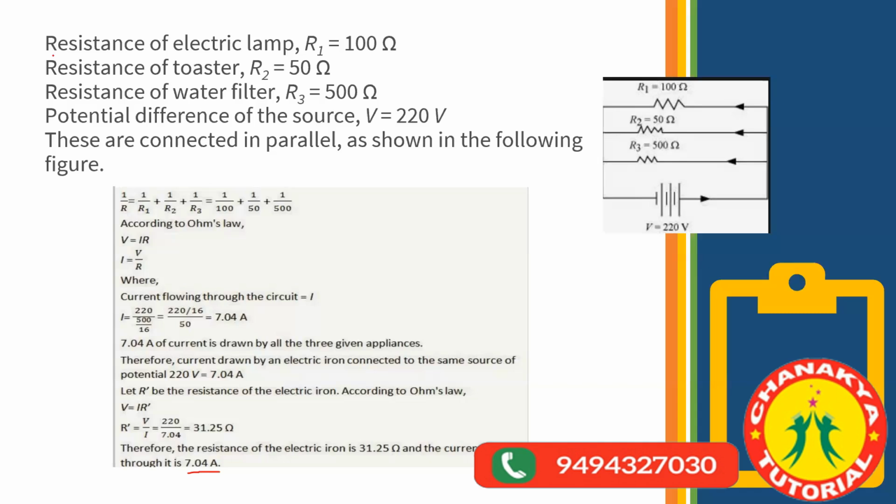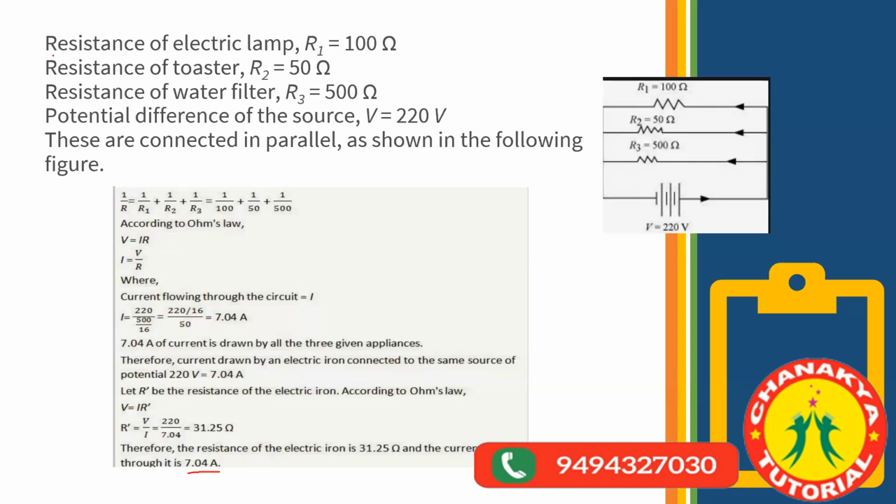Okay, so resistance of an electric lamp is 100 ohms, a toaster is 50 ohms, and resistance of a water filter is 500 ohms. Potential difference of the source is 220 volts. These are connected in parallel, as shown in the figure. According to Ohm's law, we can use V equal to IR to solve this.